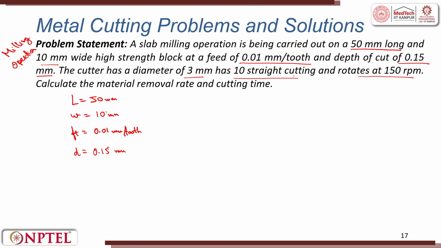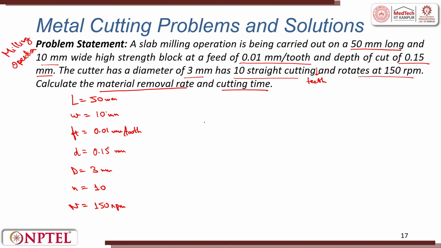So, cutter dia is 3 millimeters, number of teeth are 10 and rotation speed, that is rpm, n is equal to 150 rpm. Calculate the MRR and cutting time.